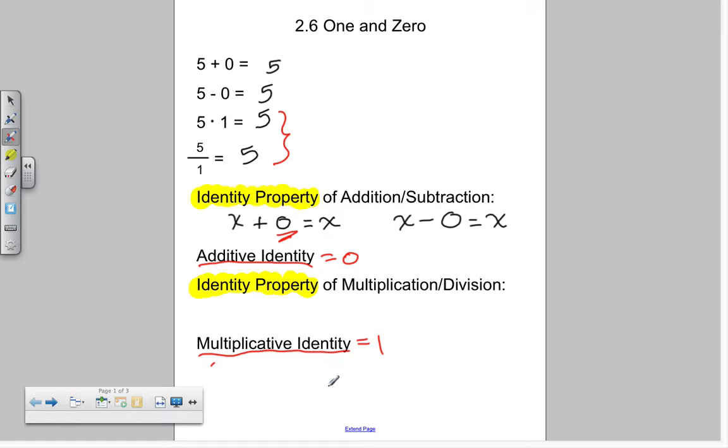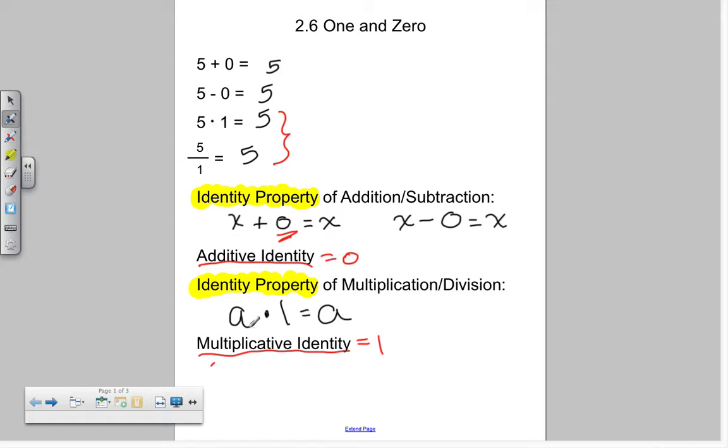Well, why is my multiplicative identity 1? Well, that's because if I take any number, now I'm going to choose a different letter. Let's choose A. If I choose any number, A, and I multiply by 1, I will get that same number out. Just like I did up here, 5 times 1 gave me 5.